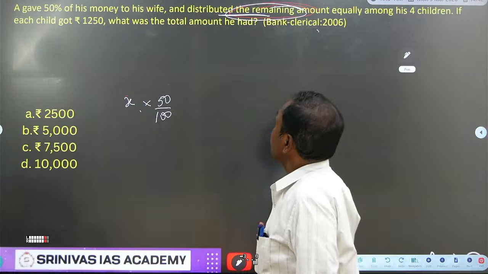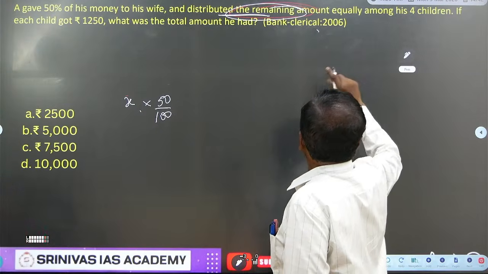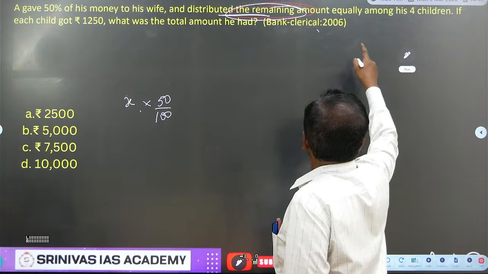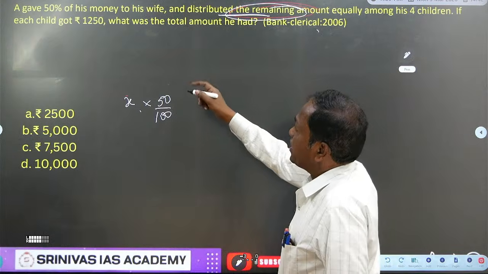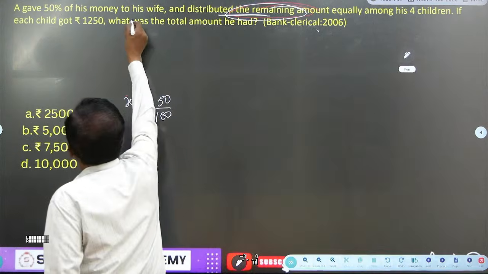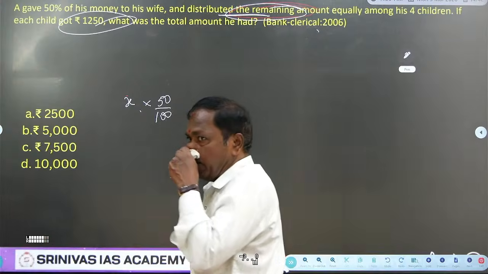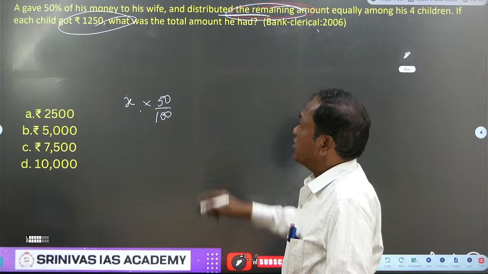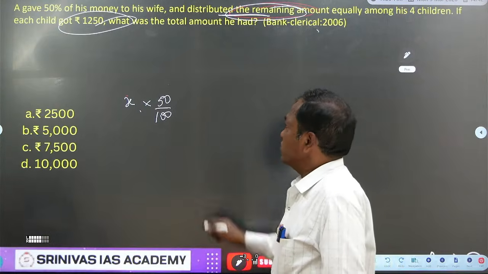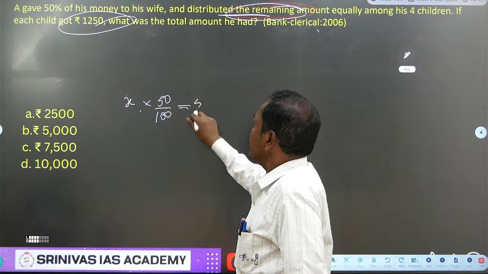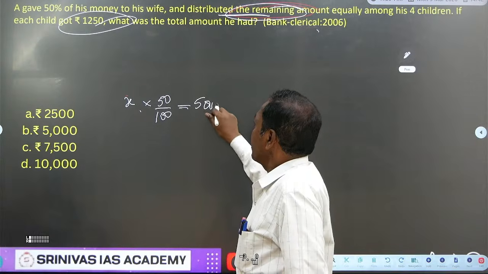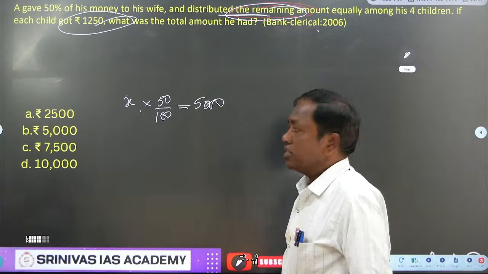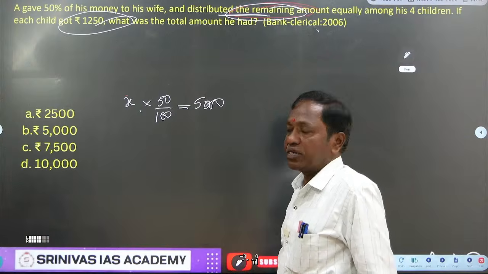And next, that remaining money among his 4 children: each child got 1,250. What is the total the 4 children will get? 5,000. You can write here equals 5,000.